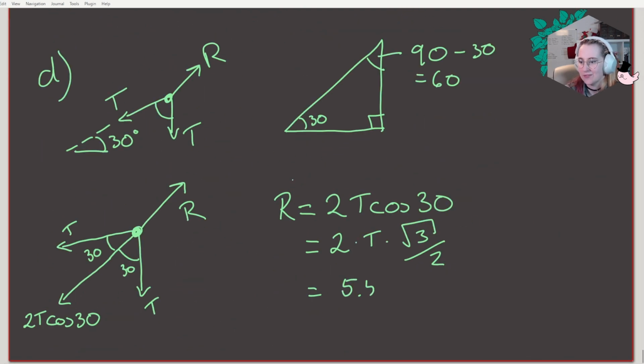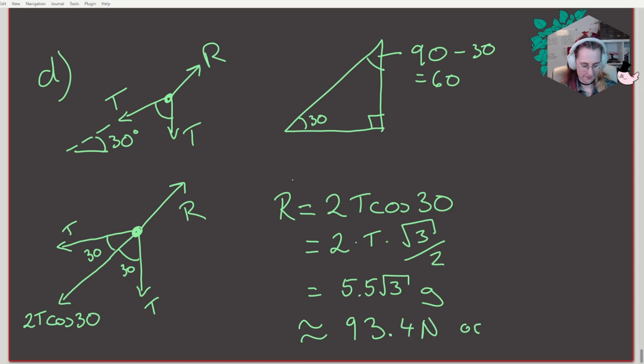So 5.5 √3 g, which is approximately 93.4 newtons, or 9.5. There we go.